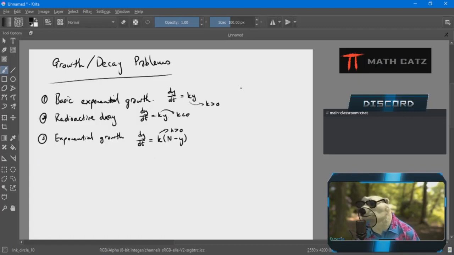And we saw that in comparison to the basic exponential growth, we now had a situation where we had a capacity line, and I start with my initial population and it's going towards that capacity, but it'll never get there. The closer it gets, the slower it grows.